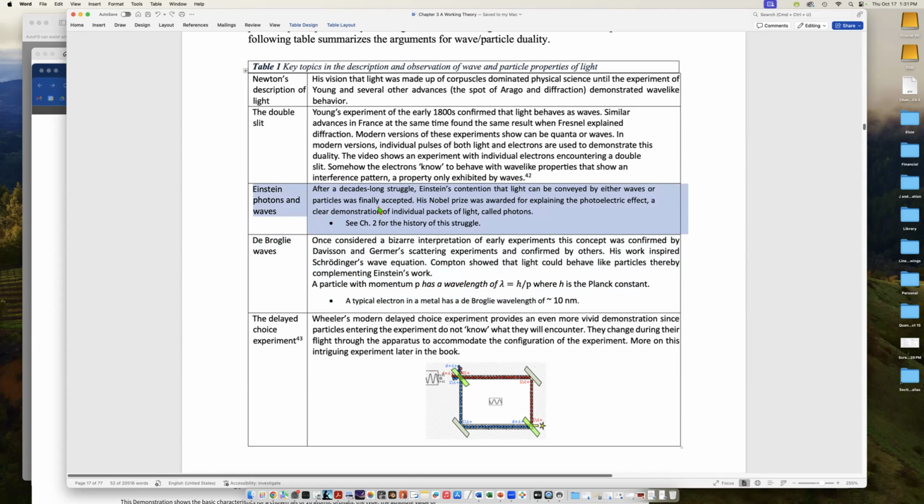And I've talked about this before. I'll remind you that Newton, 300 years earlier, had proposed that light travels as little packets of light he called corpuscles.